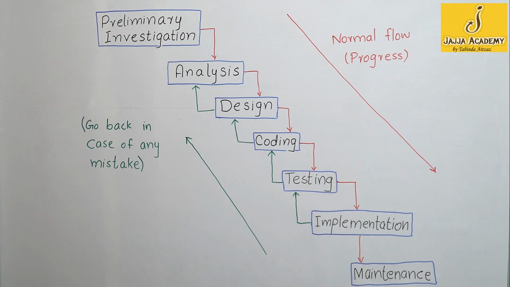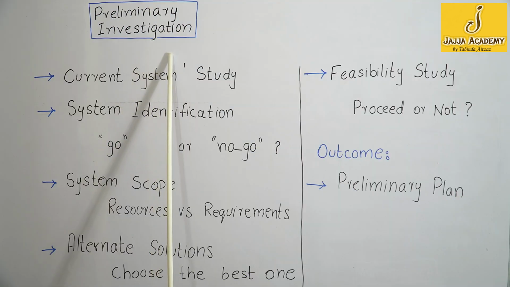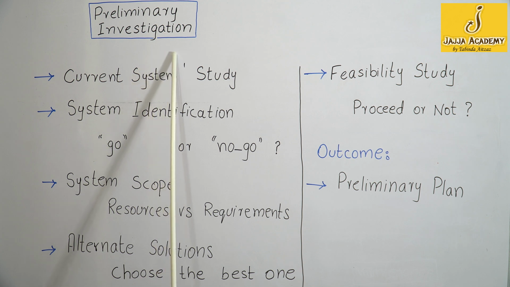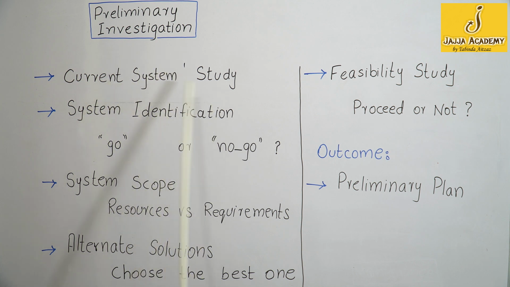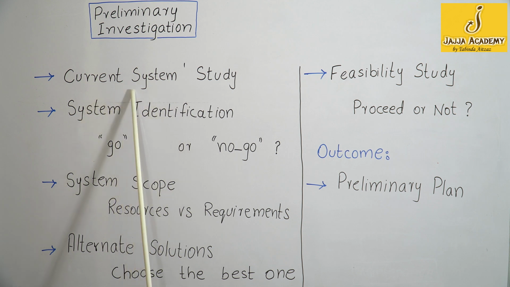Now let's discuss these phases in detail, starting from the preliminary investigation phase. The purpose of this phase is to identify whether the need of developing a particular software really exists. To check this need, the current system is studied. Current system is the system where the user is currently working.